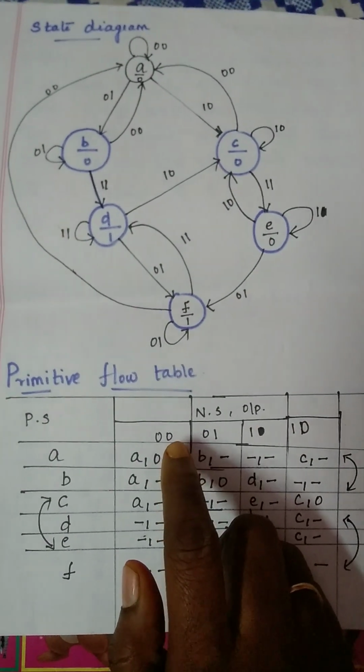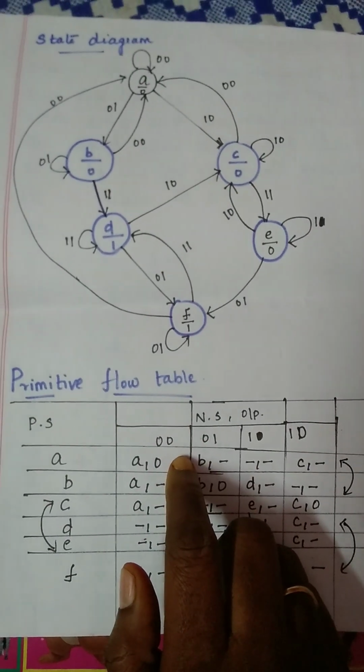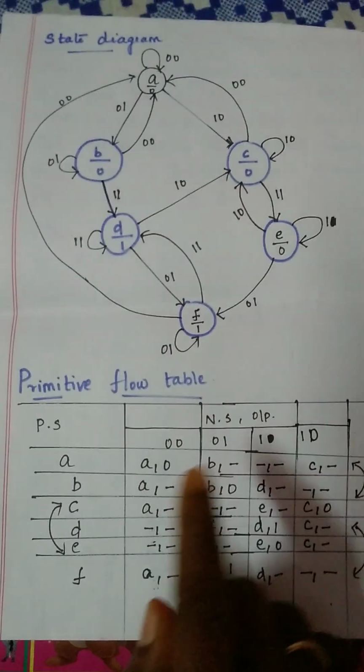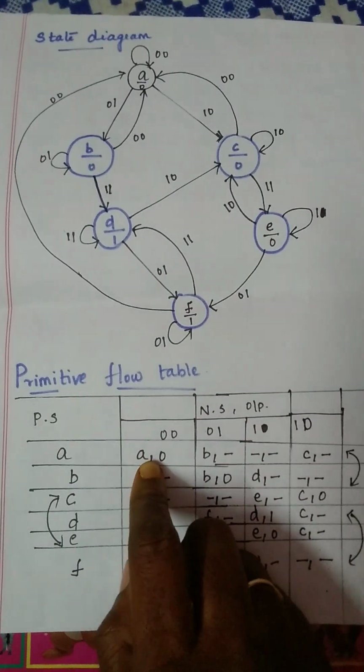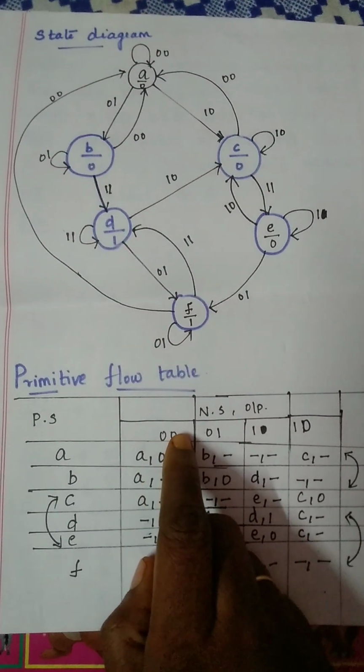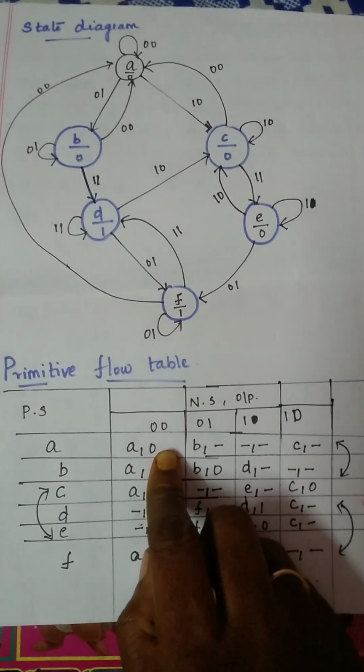And for the stable state alone, we have to write the output in the primitive flow table. So if you see this, it is retaining in the same state, right? 0 0 means it is retaining in the same state. We have to write the output.